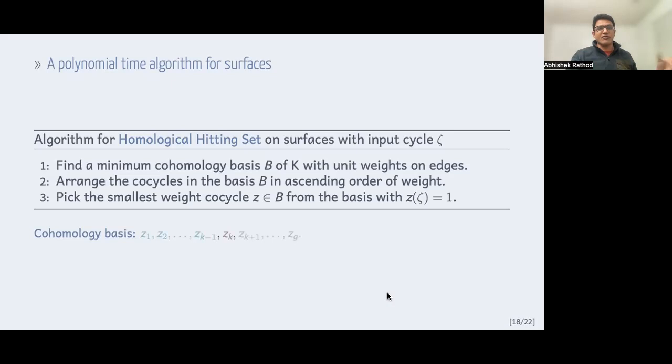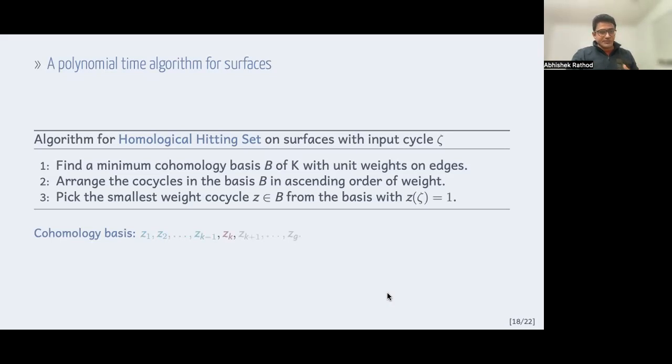So here, in the last line, Z1 to Z(K-1) evaluate to 0 on zeta, and ZK is the first cocycle that evaluates to 1 on cycle zeta, and that's it. That's an optimal homological hitting set.